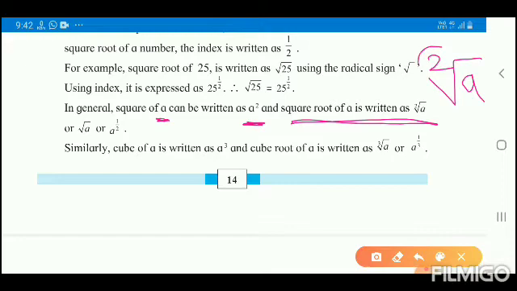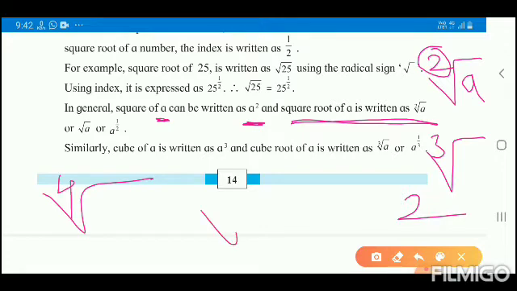We are not writing 2 because when we write this sign, the order should be 2 only. Okay, if I write here 3 or any other number, 4 or 17, 18, then this order or root will change. Here the 4th root will come, the 17th, the 18th root, here the cube root, the 3rd root.